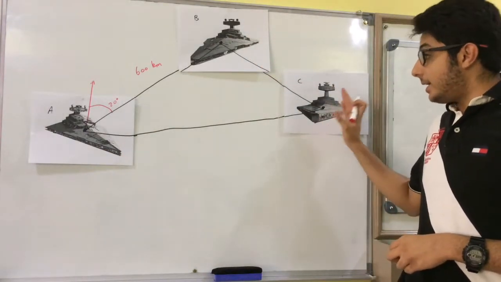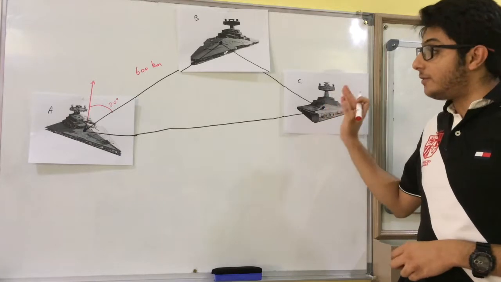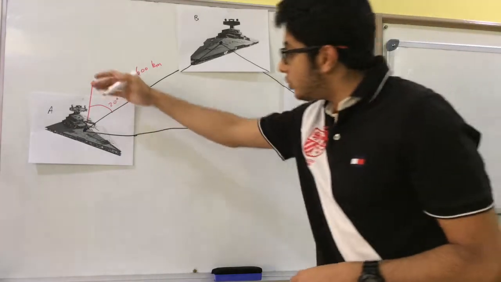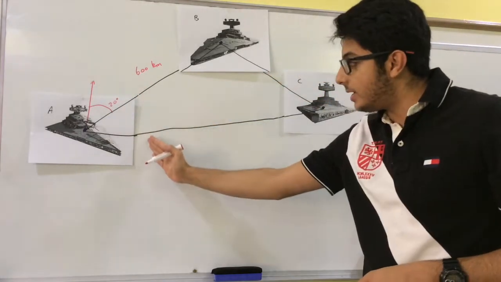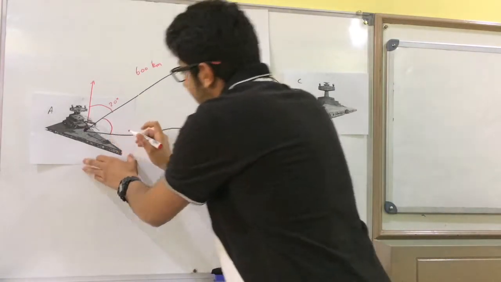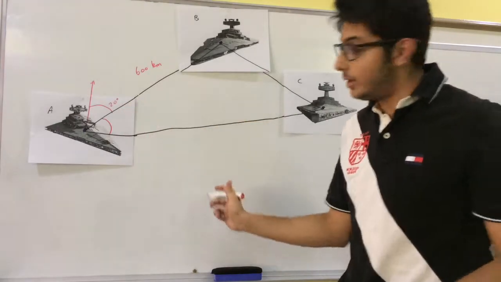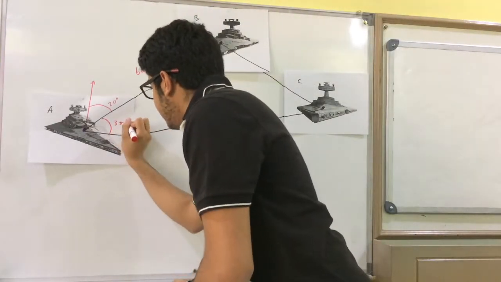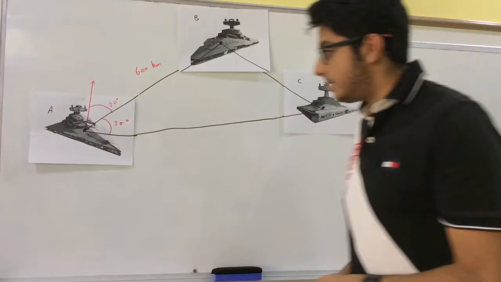And C, it said it's on a bearing of 55 degrees from A. So that whole angle here is 55 degrees, which means this little angle here is 55 minus 20, which is 35 degrees.